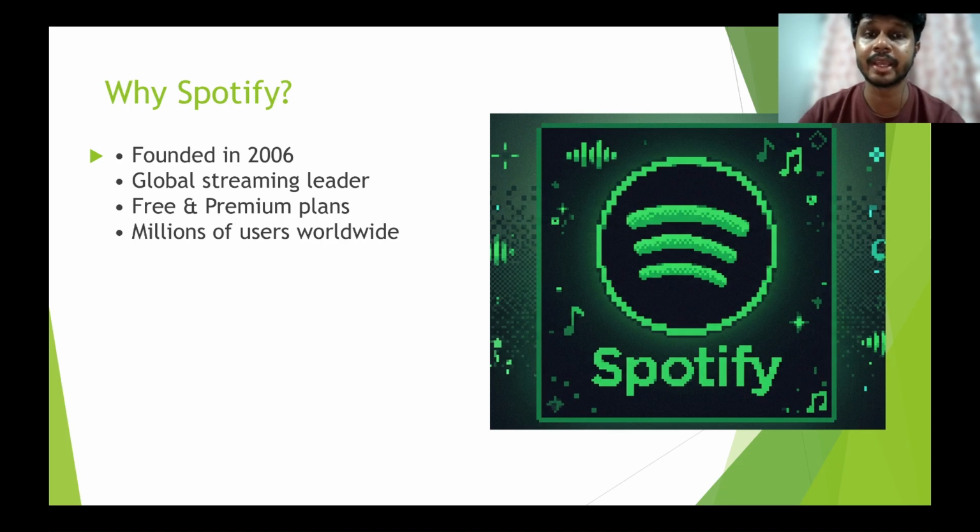However, they will hear advertisements, have limited control over playback, and cannot download songs. A premium user gets access by paying a monthly subscription fee, and in return gets an ad-free listening experience, offline downloads, unlimited skips, and better audio quality as well.